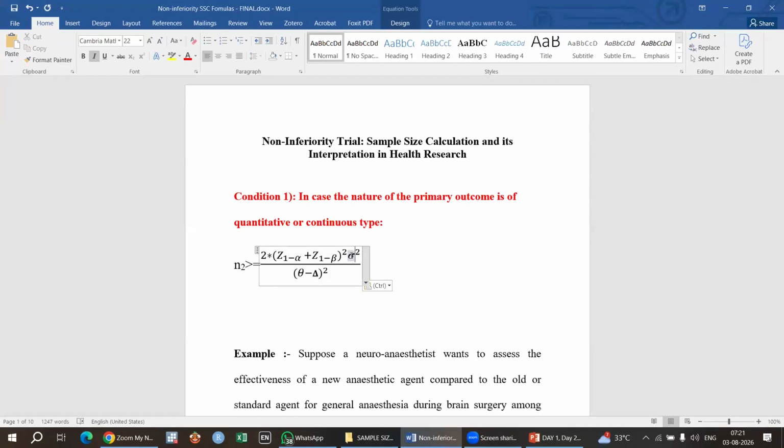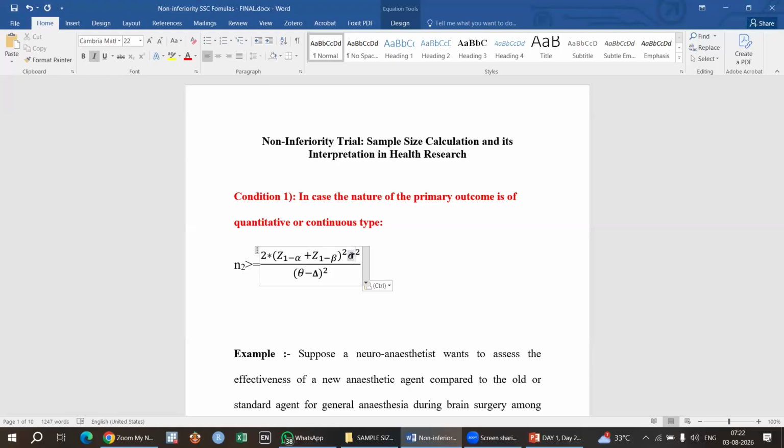Please see me, so tell me. Quantitative. Okay, very good. If you see P, PS, PN, P1, P2, small p, large p, then it is the qualitative type. The outcome variable is qualitative. Simple.